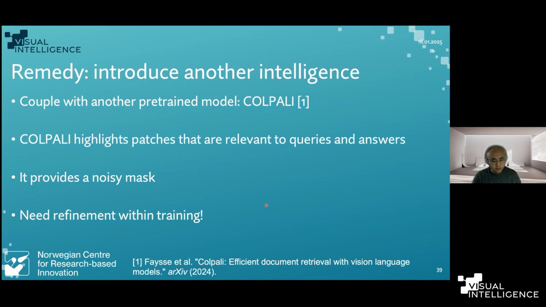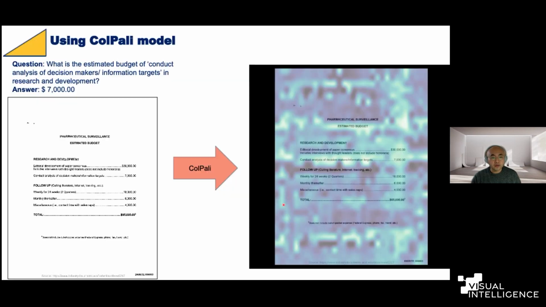And we can do this within our framework. So for example, this is the same document and the same answer. And when we process this query through the ColPali model, it highlights something like this. Some are relevant and some are not, so it is very noisy.